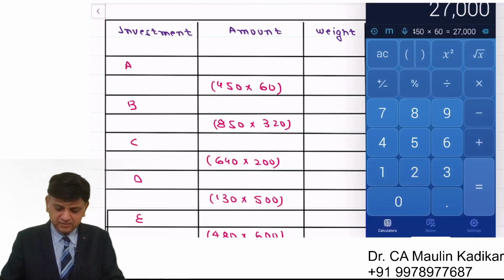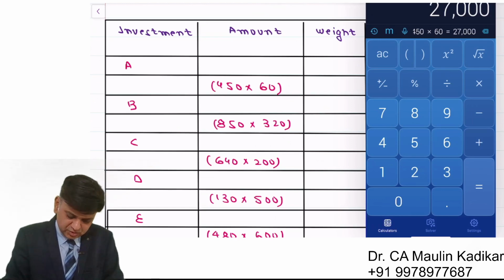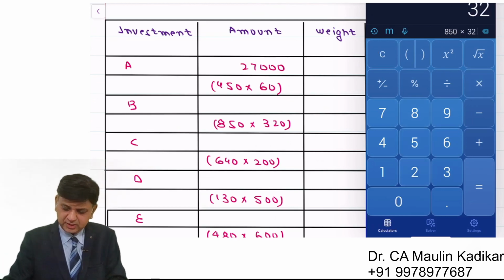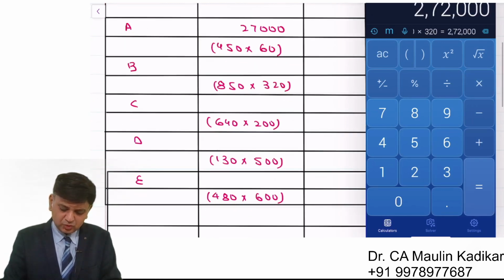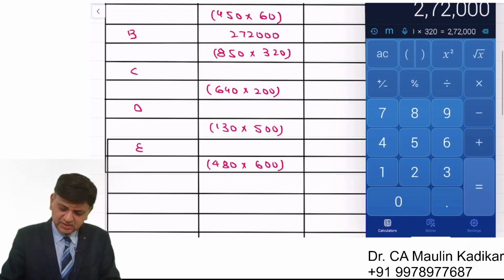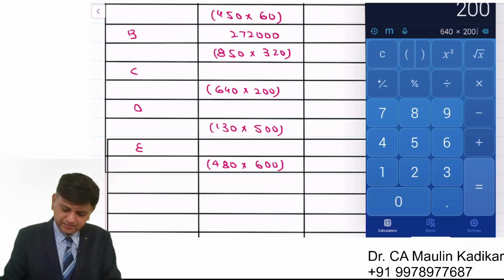450 into 60, that comes to 27,000. 850 into 320, that comes to 2,72,000. Next it is 640 into 200, that comes to 1,28,000.